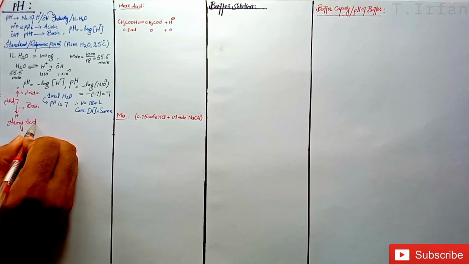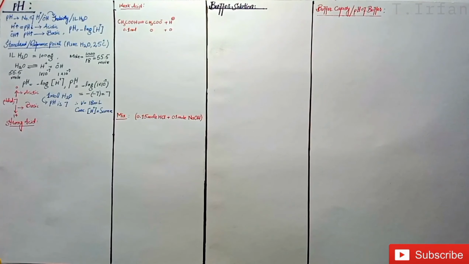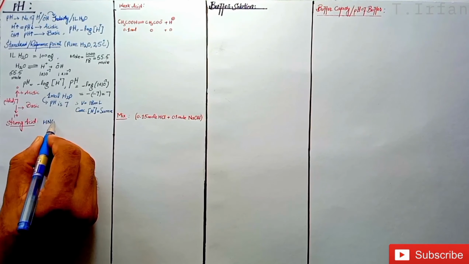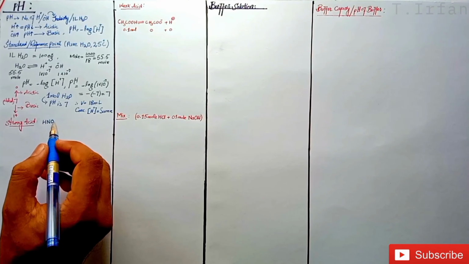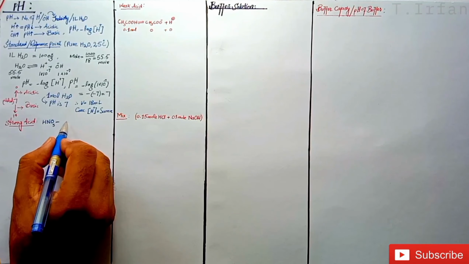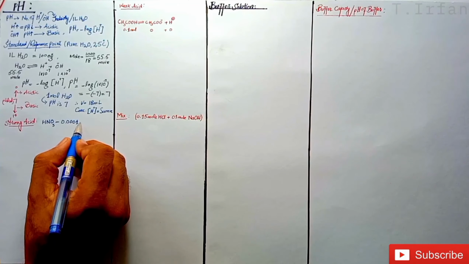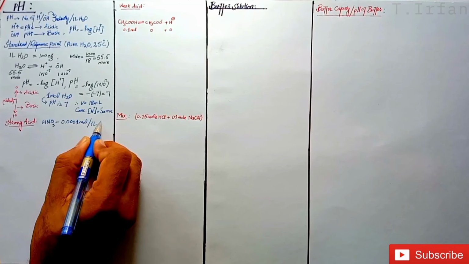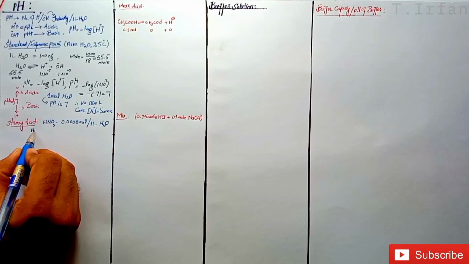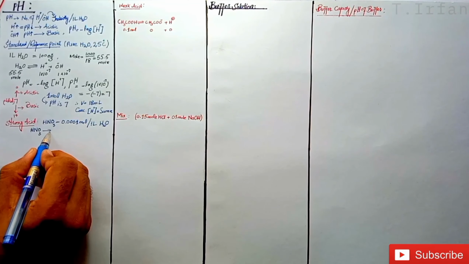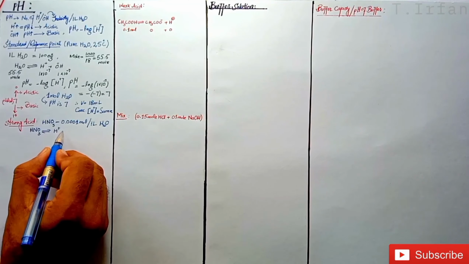And when we discuss strong acids, they completely ionize in water. For example, when we dissolve 0.0001 mole of nitric acid in 1 liter of water, this dissociates completely. This is because nitric acid is a stronger acid and water is a very good base.